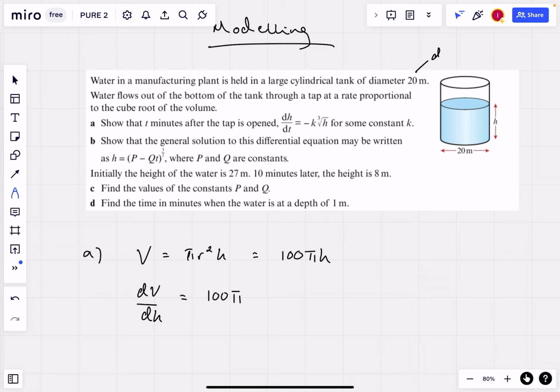Okay, the rate of change of volume is proportional to the cube root of the volume. I know that because it says water flows out of the bottom of the tank through a tap at a rate proportional to the cube root of the volume.